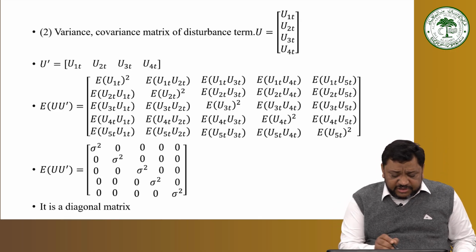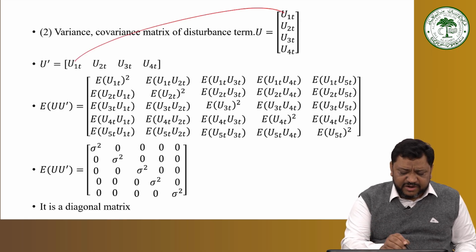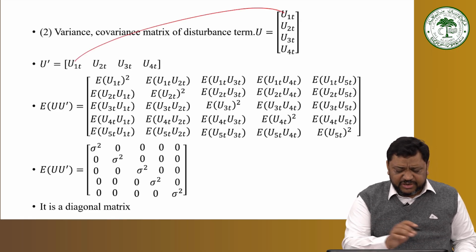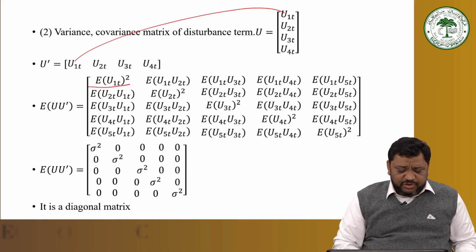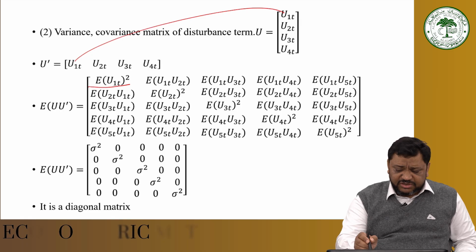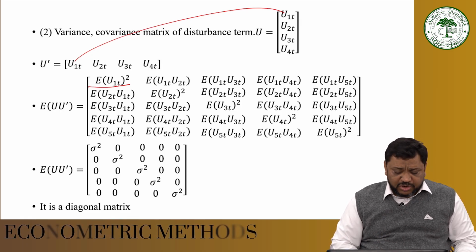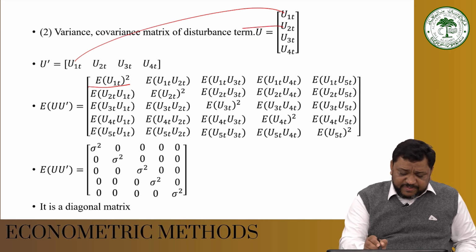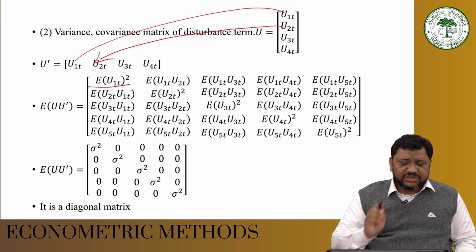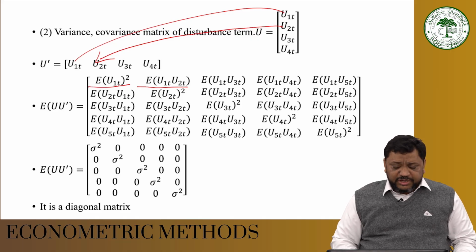Now in the multiplication, this is multiplied with this. U1t of the original matrix is multiplied with U1t of the transpose, so we get U1t square. Next, U1t of the first matrix is multiplied with the second term U2t, so we get the expected value of U1t, U2t.